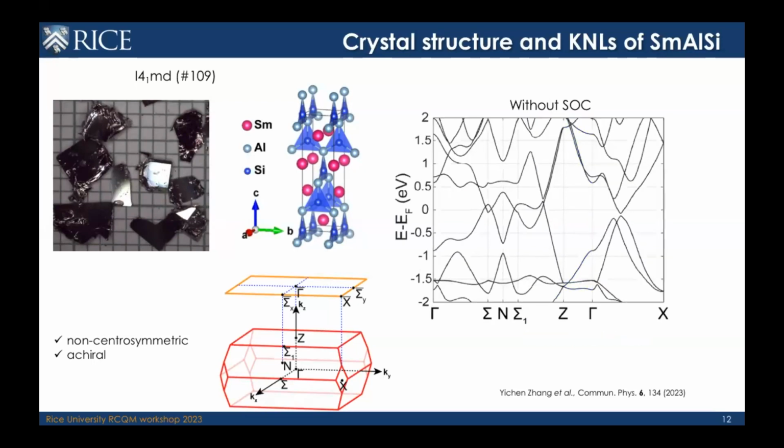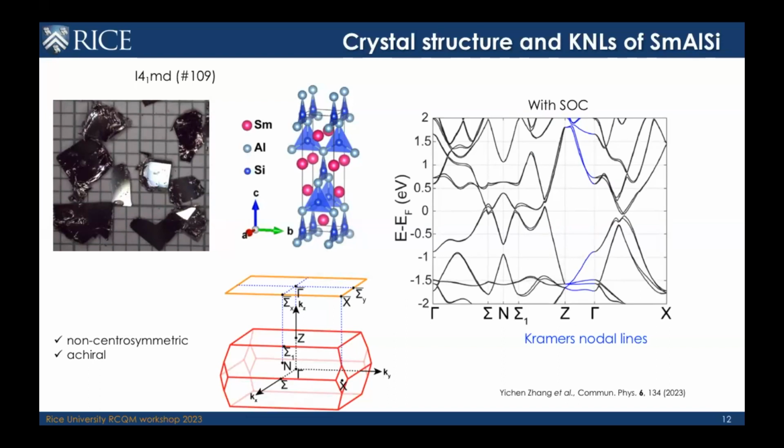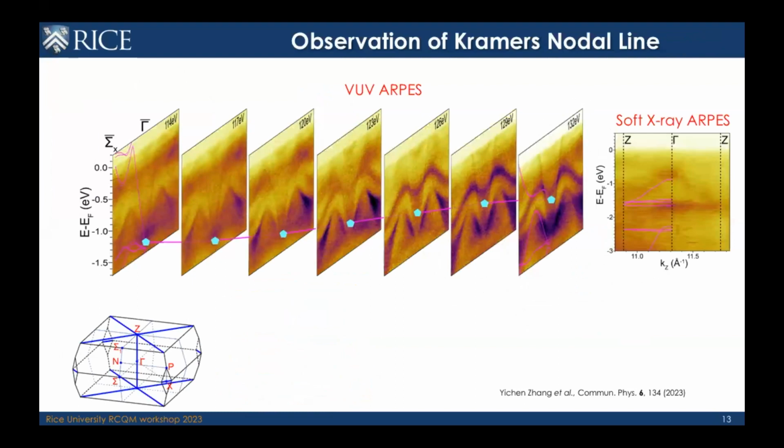Notice that with the application of spin orbit coupling, those bands between gamma-Z remain degenerate, but away from gamma-Z, they're splitting. And then there are these pinpoints at the TRIM points in these high symmetry reciprocal space points. So it is our task now to confirm experimentally if that's the case.